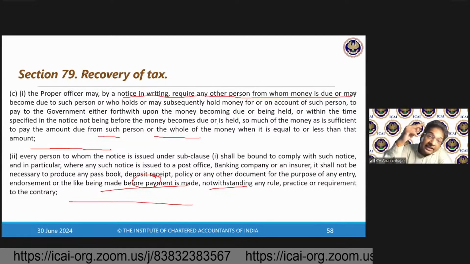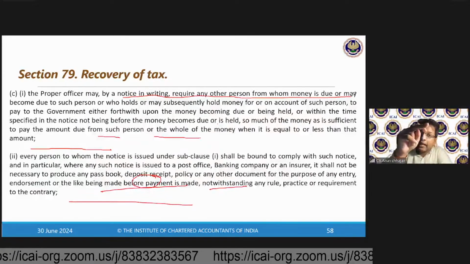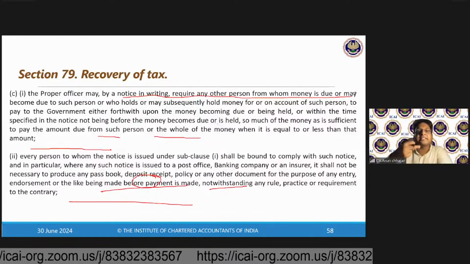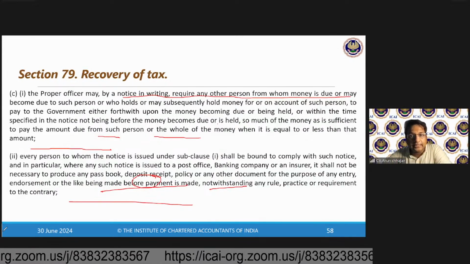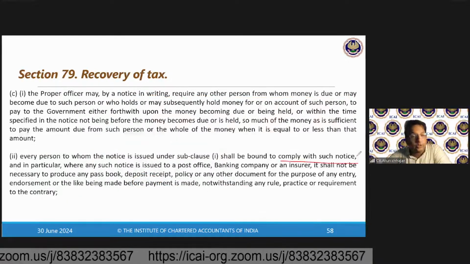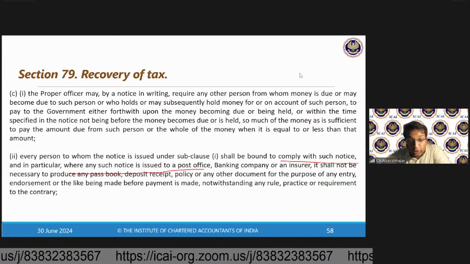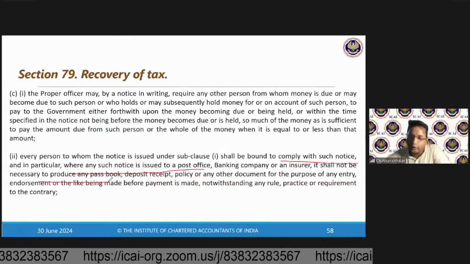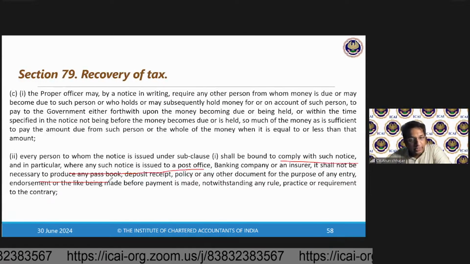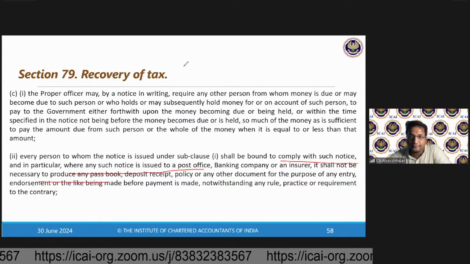The officer can issue a notice to that tenant to give the rental amount directly to the government instead of to the landlord. The tenant has to comply with that notice. Where the notice is issued to the post office, banking, insurance, it shall not be necessary to produce the passbook, deposit receipt, etc. for any such notice.